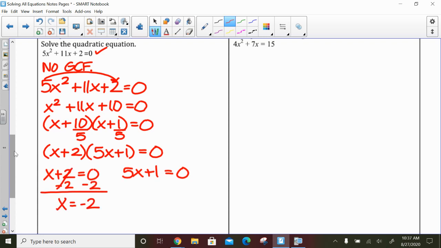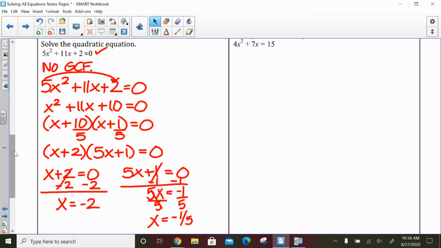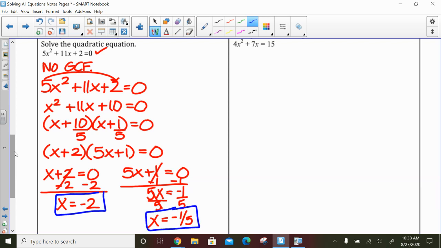We get x equals -2. Here I'm going to subtract 1 from both sides. 5x equals -1. Divide both sides now by 5. And x equals -1/5. So your solutions will be x equals -2 and x equals -1/5.